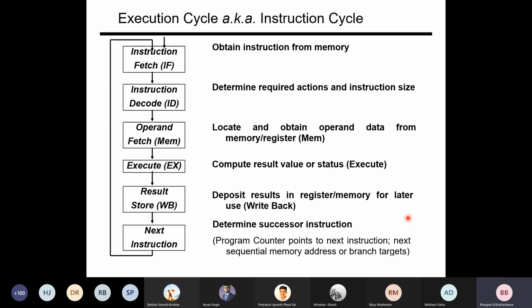Now in the operand phase, there is this memory access. If you are in this stage, then you know that whatever bit string you are accessing from memory has to be some data. And whether it is integer data or floating point data can be interpreted based on what type of instruction it is, which has already been decoded.